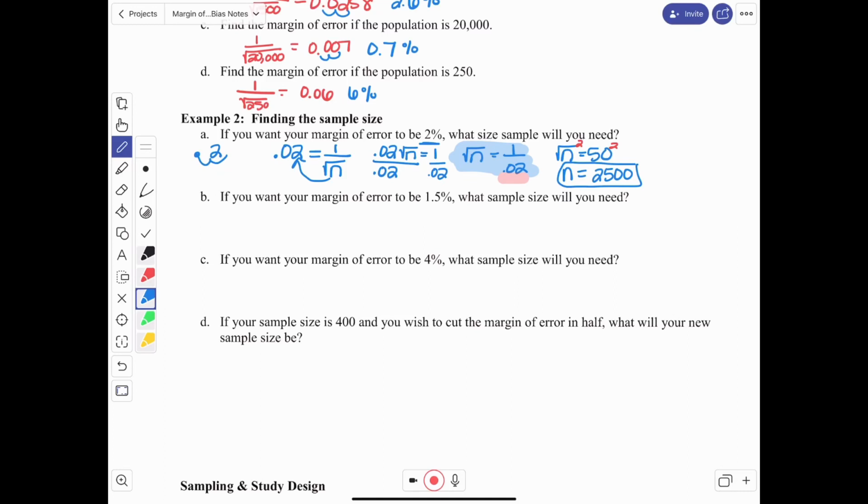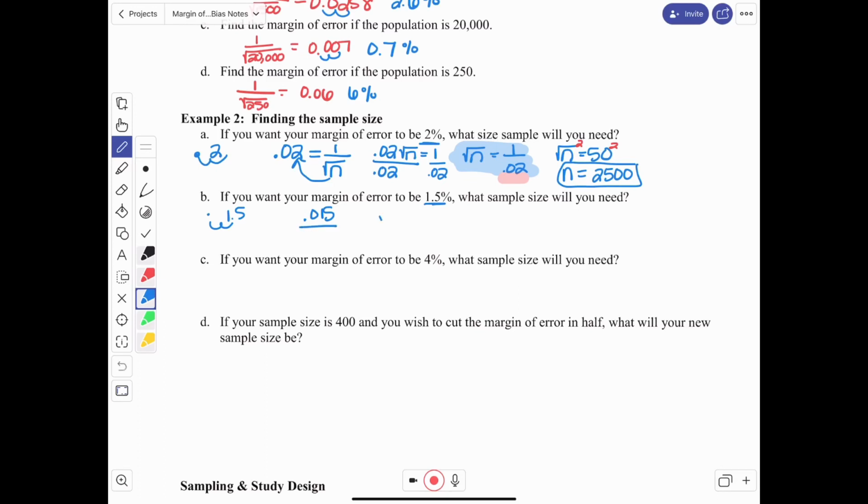So then our next one, if we want our margin of error to be 1.5%, remember, if it's 1.5%, move your decimal 2 places. So it's 0.015. Oops, sorry.